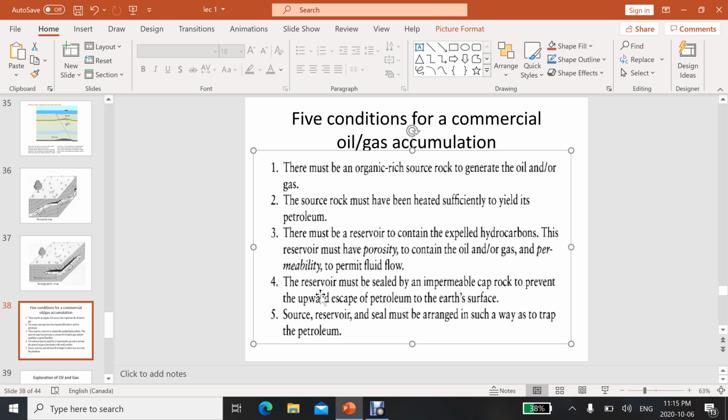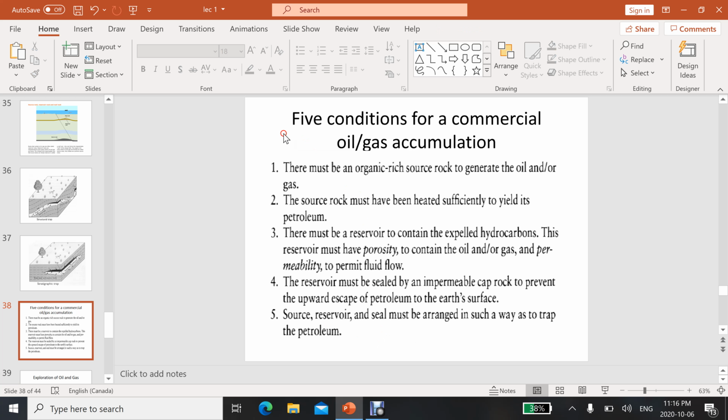Fourth, the reservoir must be sealed by an impermeable cap rock to prevent the upward escape of petroleum to the Earth's surface. And the last point is source, reservoir, and seal must be arranged in such a way as to trap the petroleum.